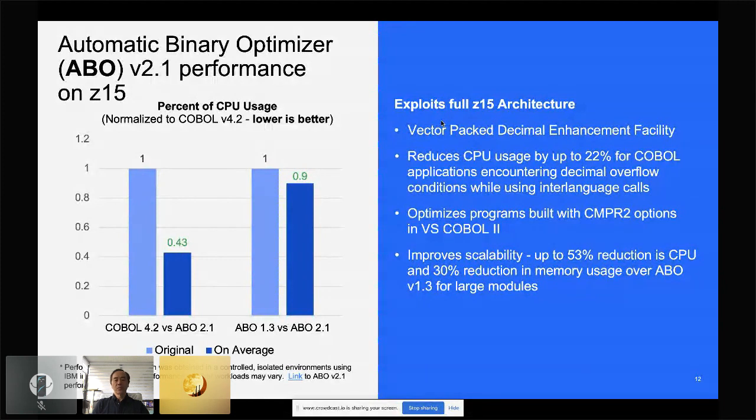From time to time, because optimization is a CPU and memory intensive application, improving scalability is very important to us. With this new version, we managed to reduce the CPU utilization by about 53% and achieve a 30% reduction in memory usage over ABO 1.3, the previous version, for very large modules. So we're not just tackling very small or medium-sized modules, but very big modules as well.